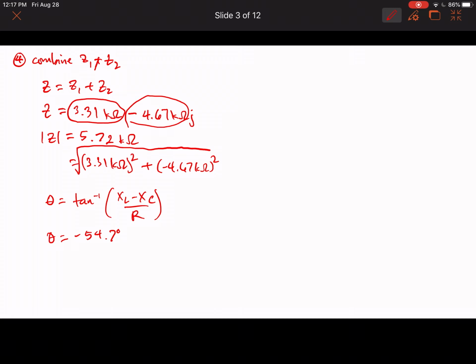Now that we have solved for this, we can draw the phasor diagram. The phasor diagram for the impedance involves the real component, which is this value, the imaginary component, which is this value, and the amplitude, which is this value.